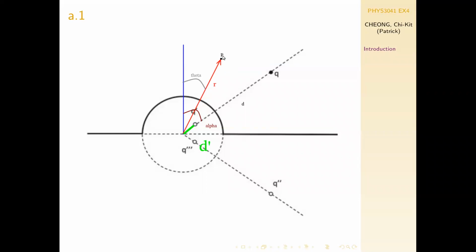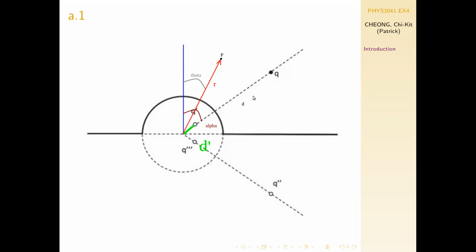So we assume that we need to work out the potential at point P. As shown here, I use a red arrow to represent the location of point P. The distance of point P to the origin is labeled R, and the angle between the vertical blue line and the red arrow, represented by this gray line, is theta.